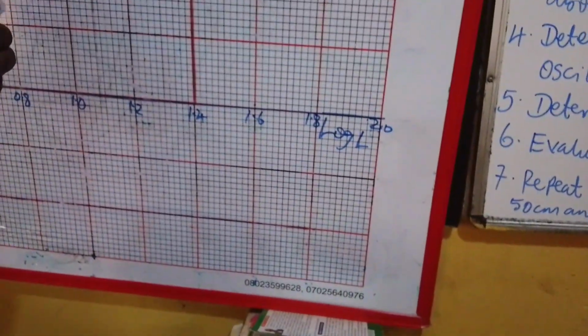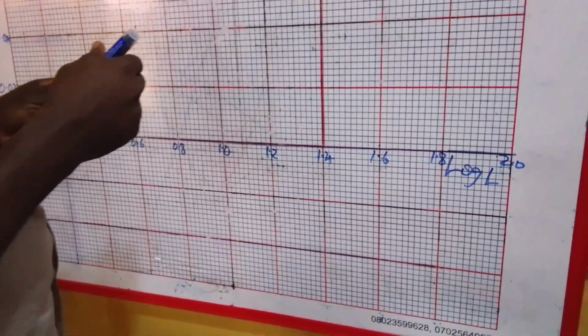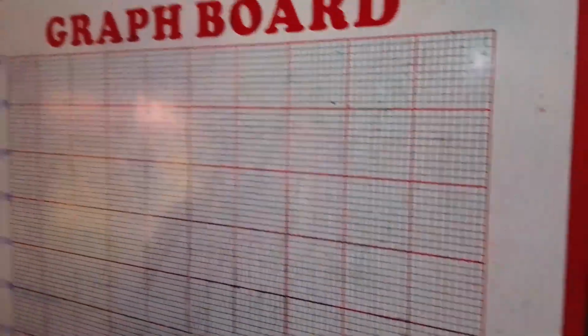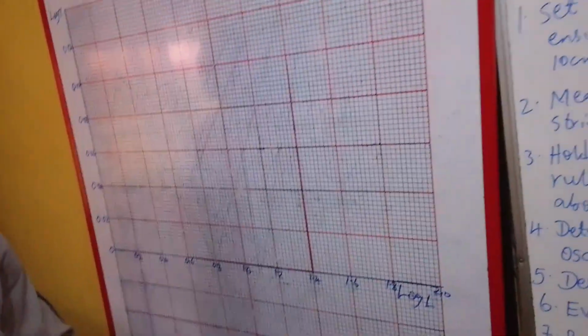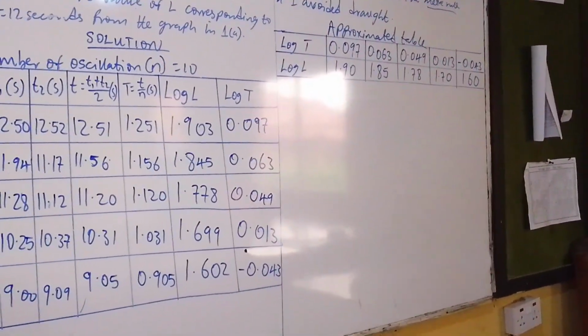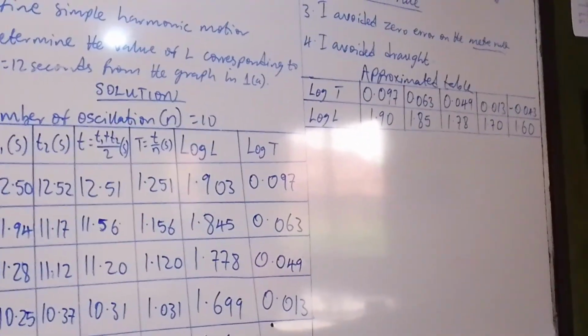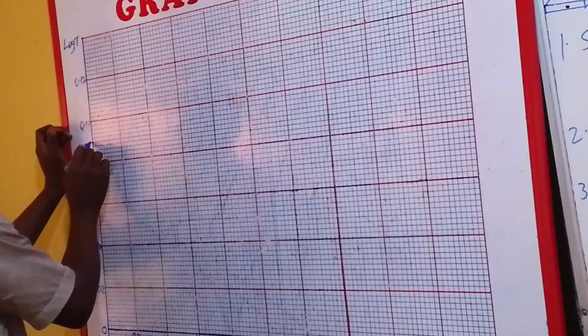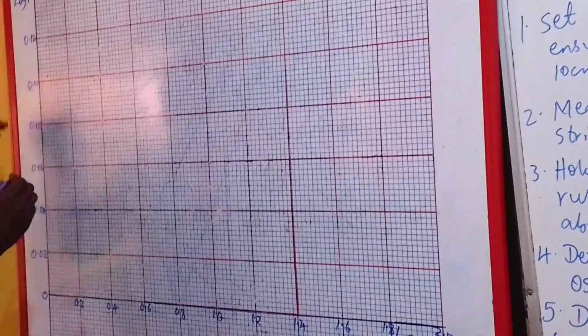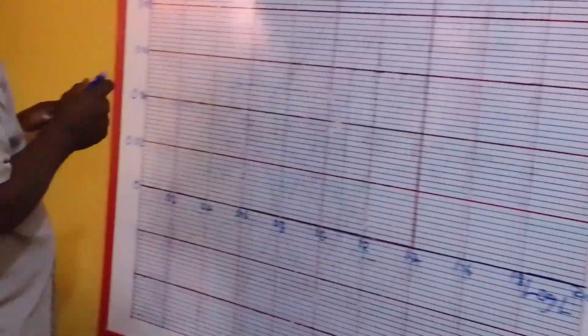So first and foremost, we are plotting log T. When log T is 0.097, we come here, count 5 lines: 1, 2, 3, 4, 5. This is 0.09. Then one line represents 0.002.